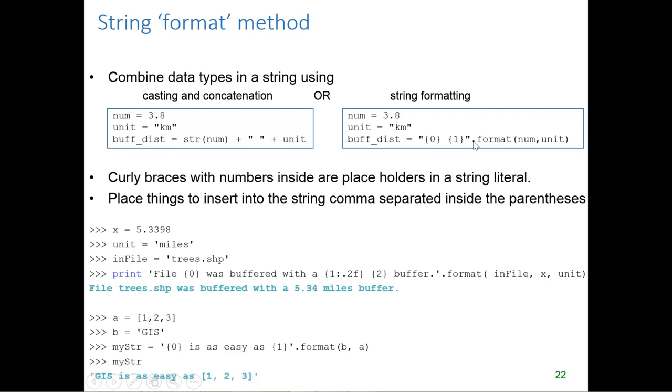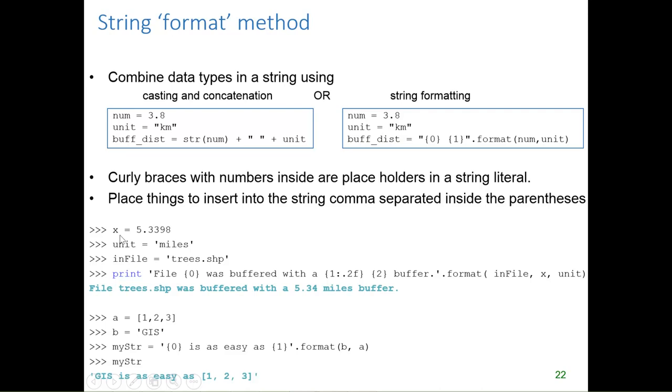Then you say dot format and put the variables you want to pass in, so the values appear in these spots. The curly braces with numbers inside are placeholders in the string literal, and you place the things you want to insert into the string comma separated inside the parentheses.